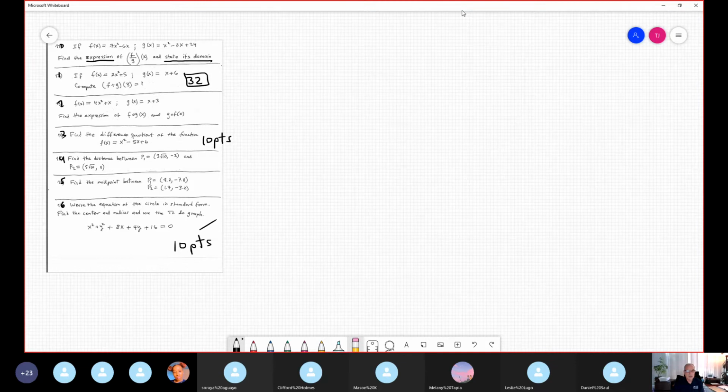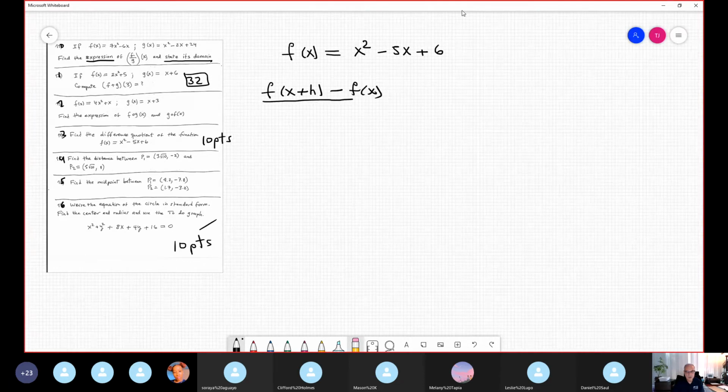It's easy. I give you a function, not complicated, like a quadratic, different numbers maybe, and you compute the difference quotient. The formula for the difference quotient is something like that. It's a formula that we are using in calculus, and you need to manipulate a little bit in algebra.